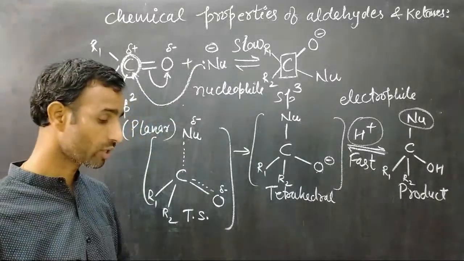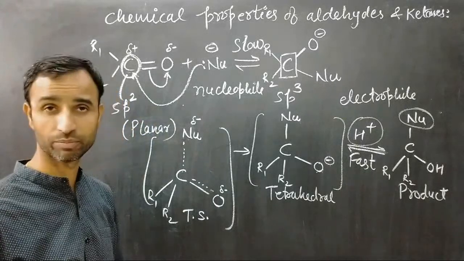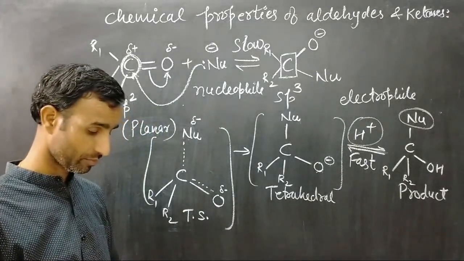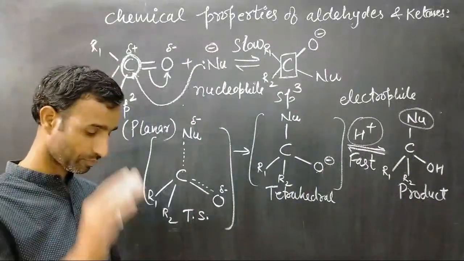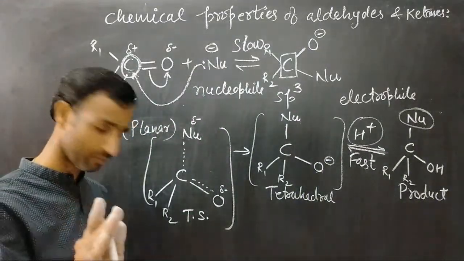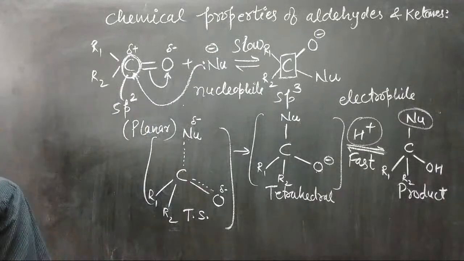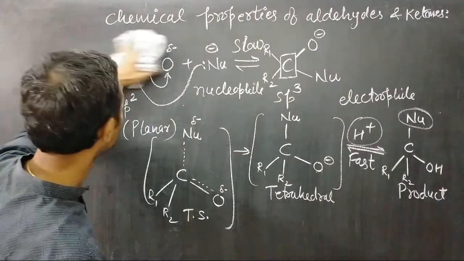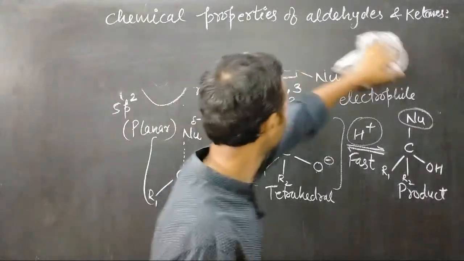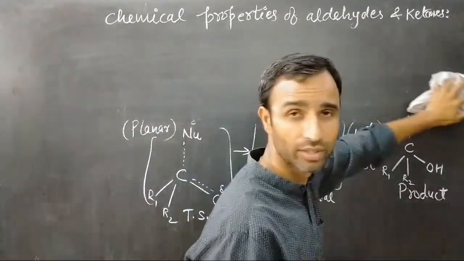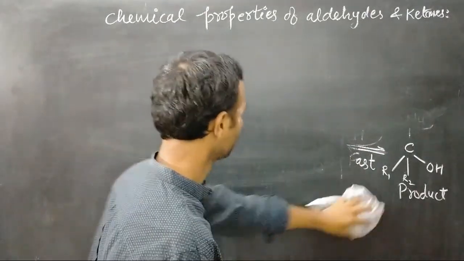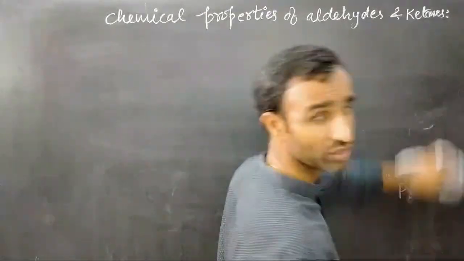That's why it is called nucleophilic addition reaction. Got this point? And keep in mind that the one which is added in slow step decides the type of the reaction.